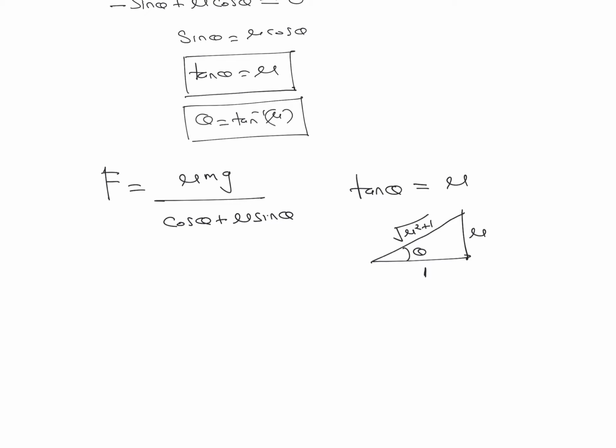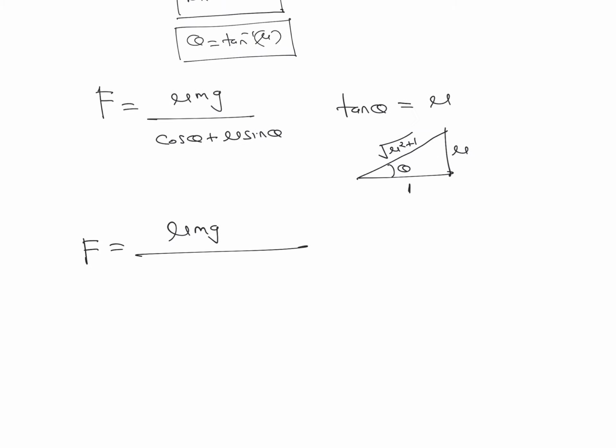So we can find the values of sine theta and cos theta and put them in this equation, that is f is equal to mu mg divided by, instead of cos theta we can write the adjacent side, that is 1 divided by under root of mu square plus 1, plus mu times sine theta. Sine theta is the opposite side, mu, divided by the hypotenuse, that is under root of mu square plus 1.